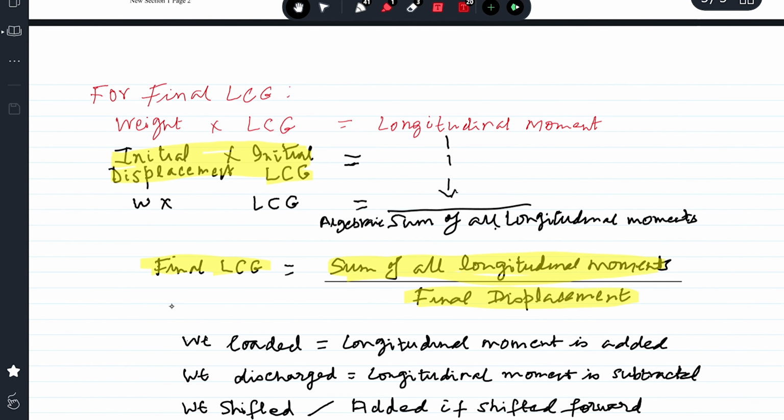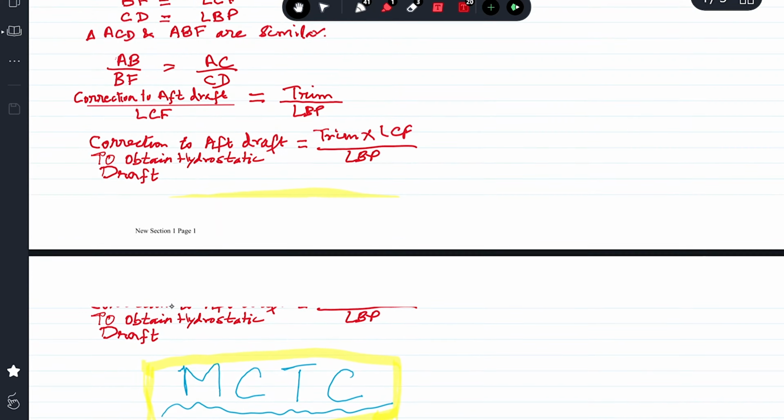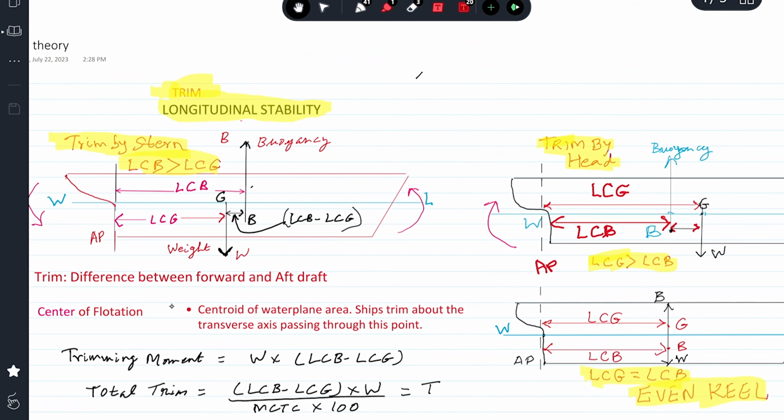So I think I have covered everything about the trim chapter theoretically. When we do the questions, I will keep reminding you of what we studied here, so it will all be easy. So you got some idea of what we are going to do when we calculate trim questions.